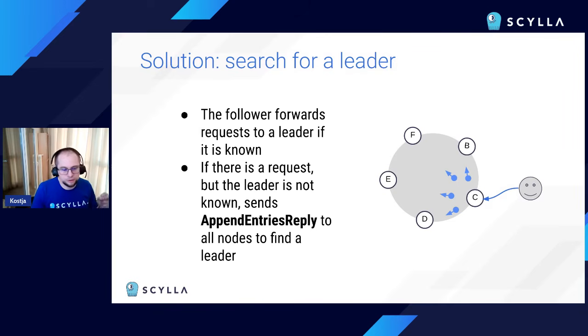In this case, nodes send a broadcast message to all other members of the cluster saying, hey, how about telling me if you heard from the leader recently, if you got any entries from that leader. And if there is no response to that, nodes become candidates and start an election.